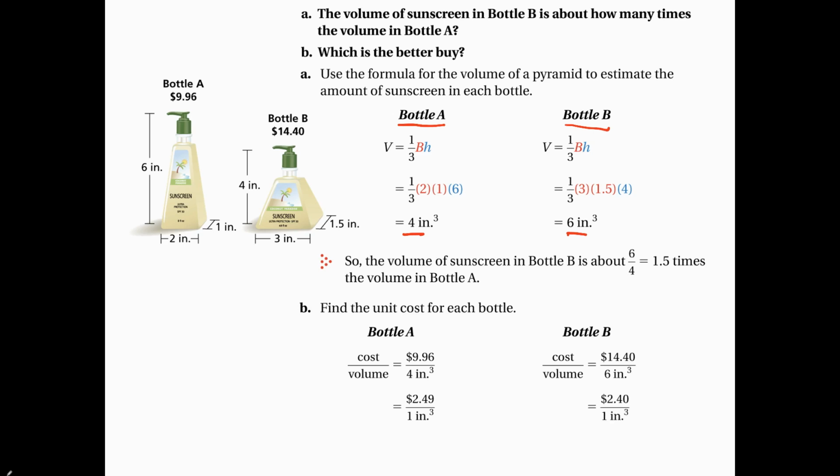And then what did we do? We converted that into a unit rate. And so you can see when they're both unit rates, you can see which one would be the better buy. It's actually, you get more for your money with bottle B, because the unit cost is less than the unit cost of bottle A.